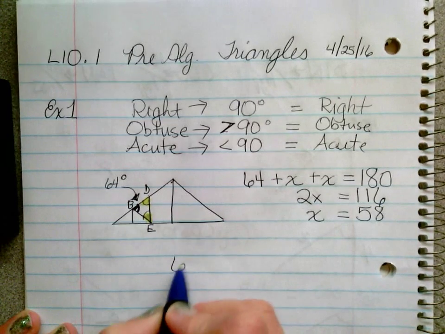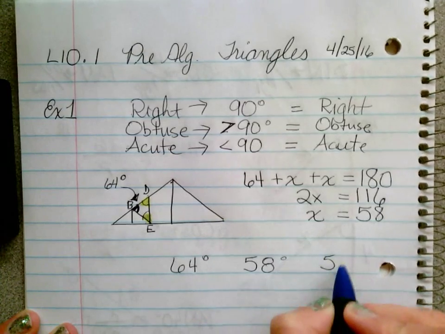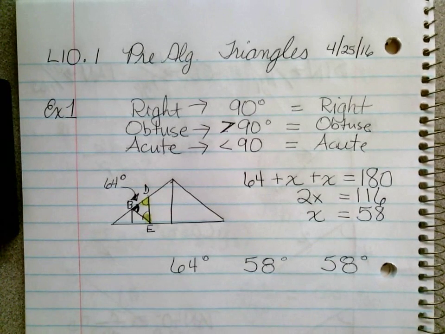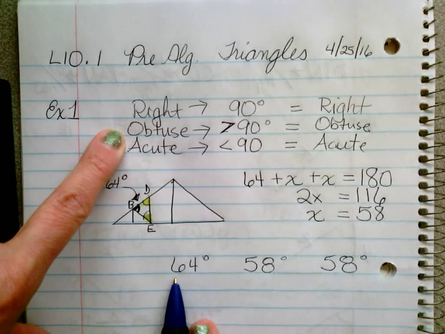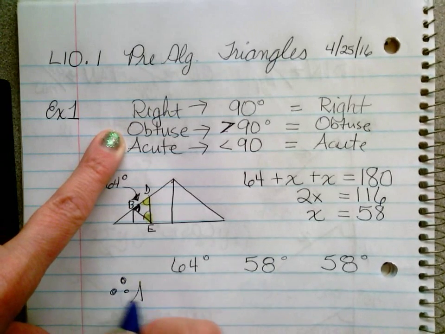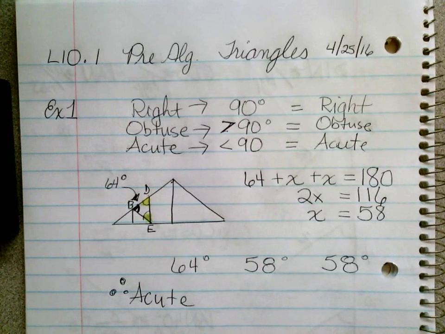So now I know I have a 64, I have a 58, and I have another 58. So far, so good? Is there a right angle in this mess? No. Is there one that's obtuse? No. Therefore, to classify it by its angles, it has to be acute, right? It's an acute triangle. Any questions on this?